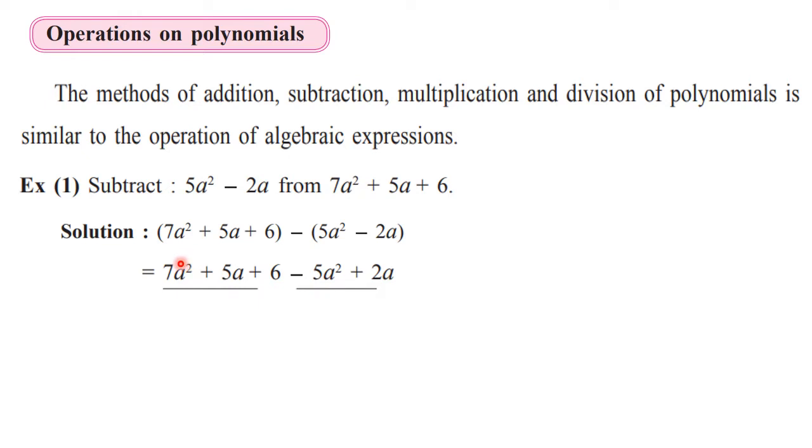The variable and its index, both are same. Here also we have a square and here also we have a square. So these two are like terms and these two are also like terms. In the next step, we will write like terms together: 7a square minus 5a square, then plus 5a plus 2a, and finally the constant at the end.